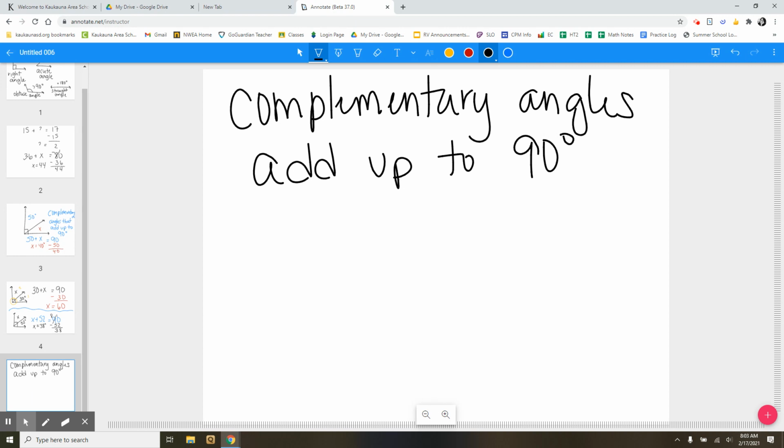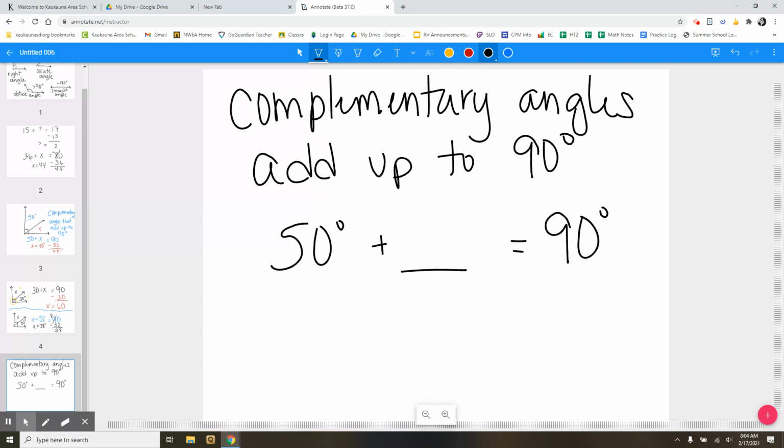So, if I'm going to make pairs, okay, so I want to make complementary angles. So I'm going to tell you right now that I have an angle of 50 degrees. What am I going to add to that to get to that complementary pair?